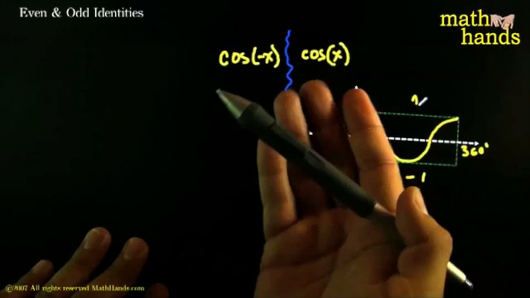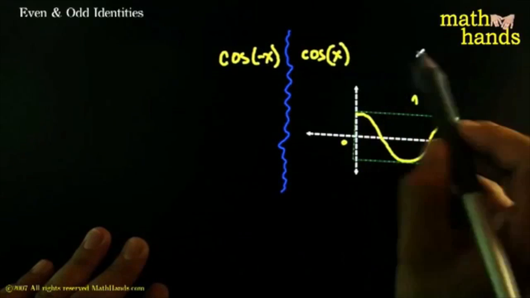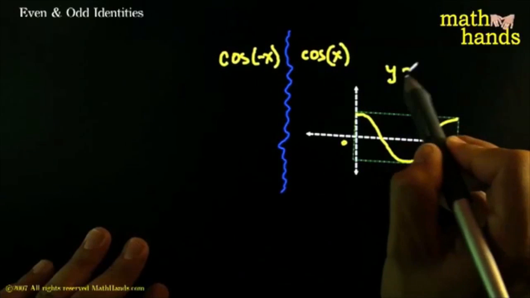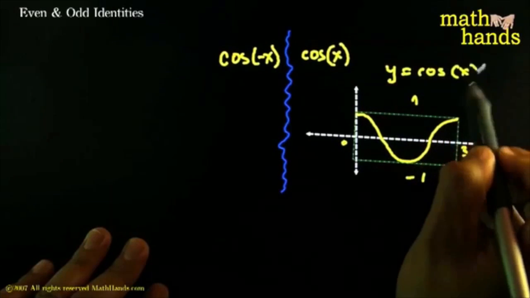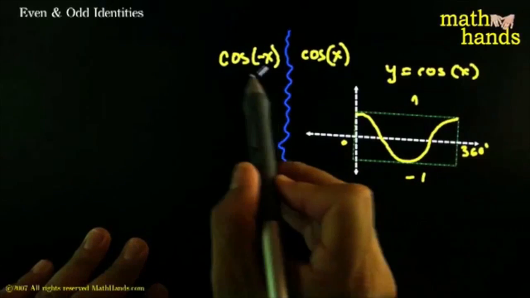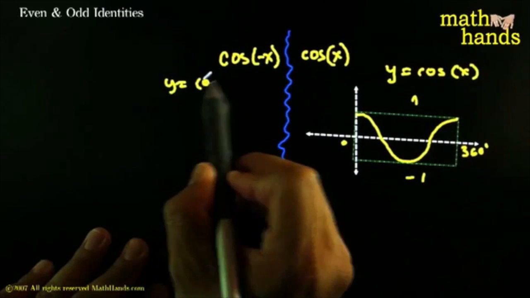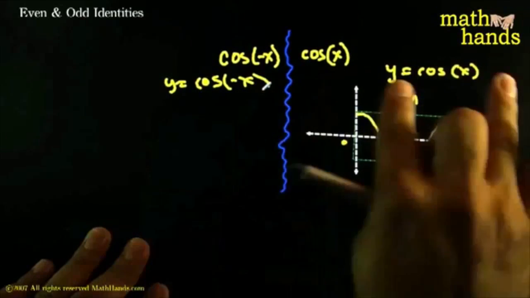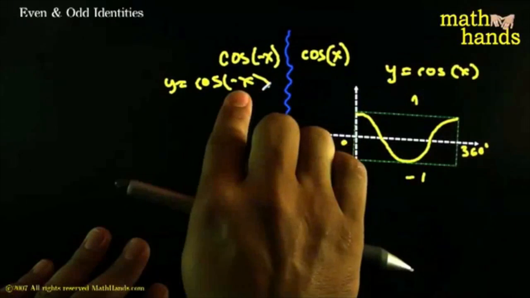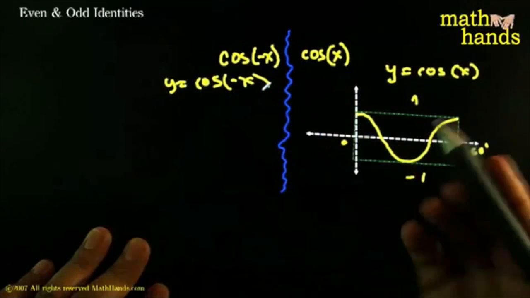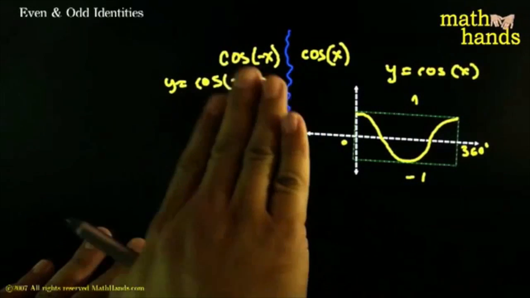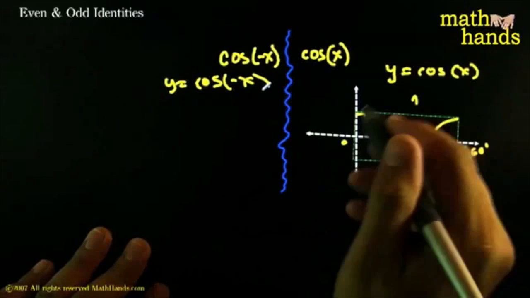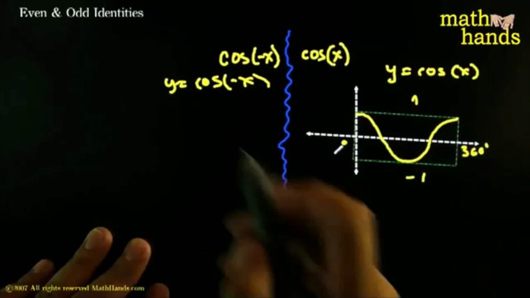Now, this is y equals cosine of x. Now, to graph y equals cosine of negative x, you look at this equation. The only difference is, of course, the negative x. So the positive x's become negative x's. If there were any negatives, they become positives, which they are, but we don't hardly ever draw them.